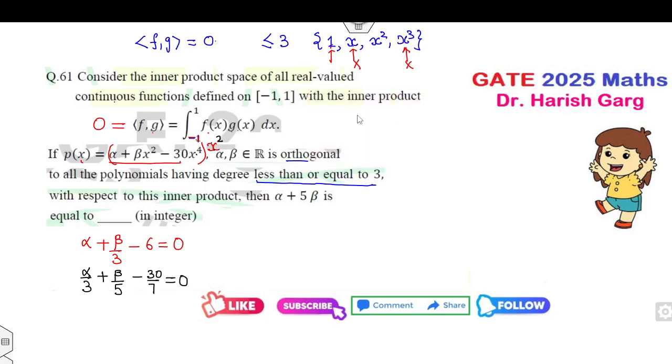Alpha plus beta over 3 is equal to 6. I can multiply by 3. It is 3 beta over 5, which is equal to 90 over 7. Now you can subtract them. Alpha cancels out, so it is 1 over 3 minus 3 over 5.